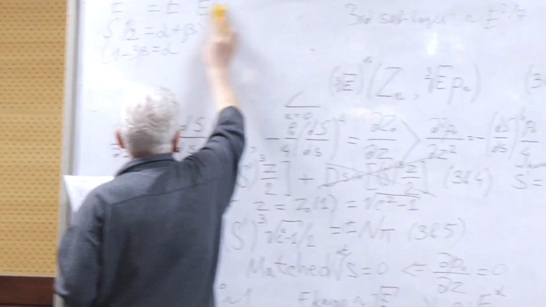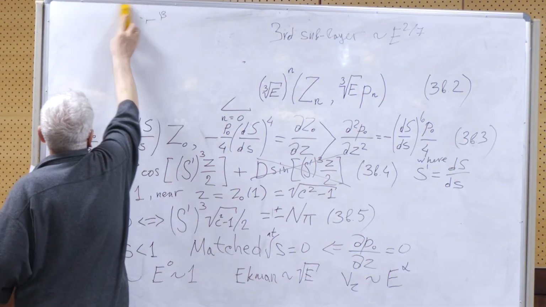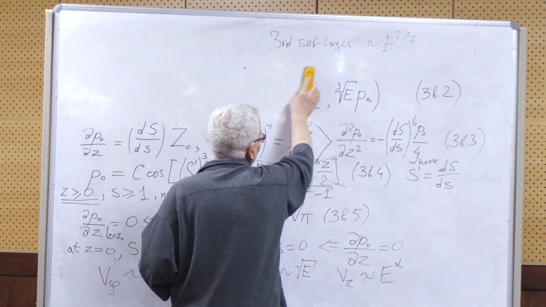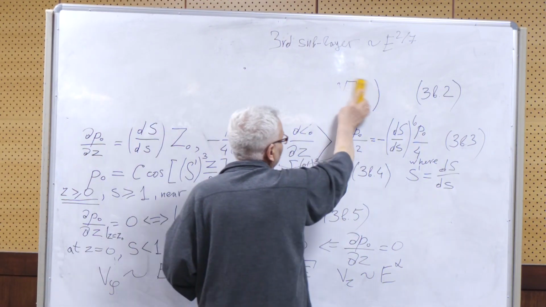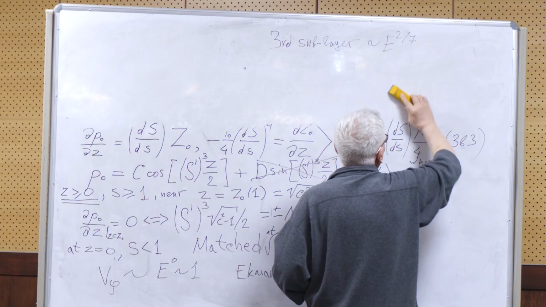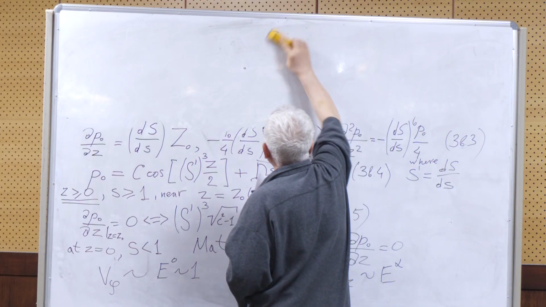So now we are investigating quite another shear layer. More precisely, it's not a shear layer. It's some combination of shear layer and boundary layer. In some sense it's even more boundary layer than shear layer.